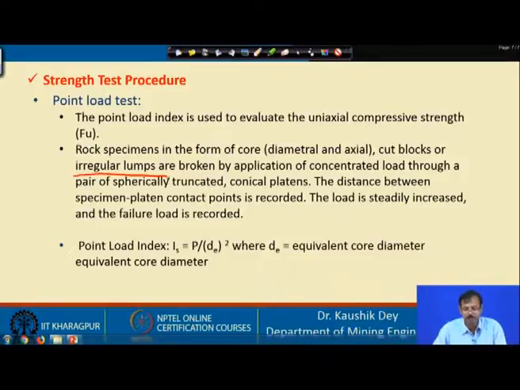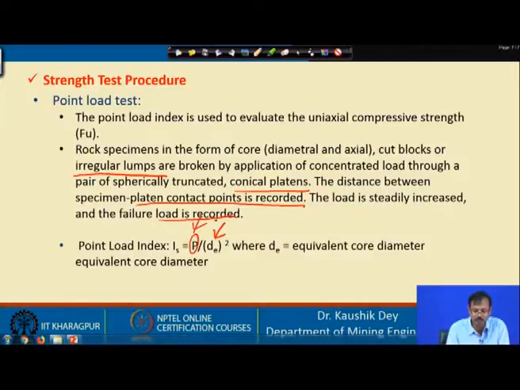Here the samples are placed between the conical platens, and the distance between the platens is recorded. So, this is the initial recorded distance, and then the load is steadily increased until failure.